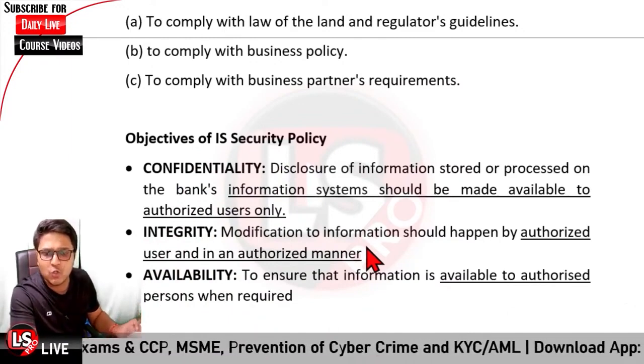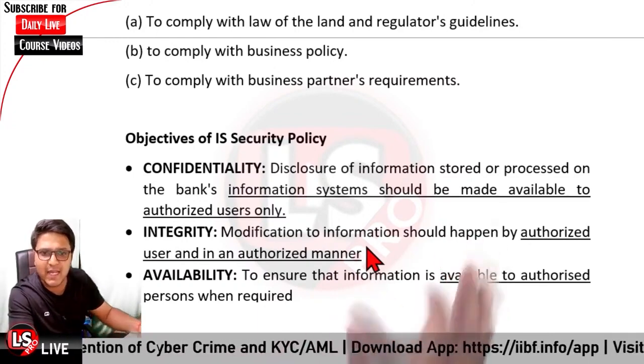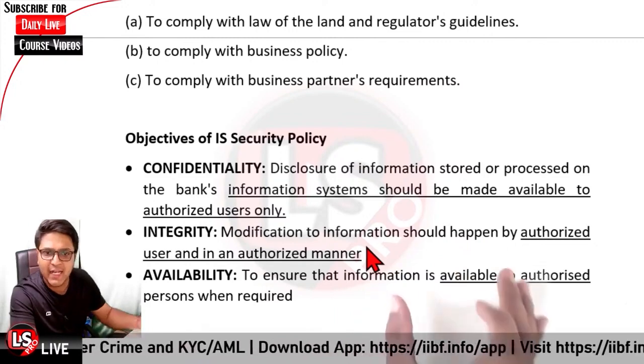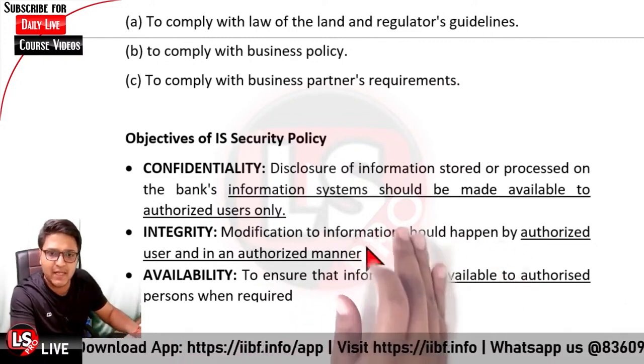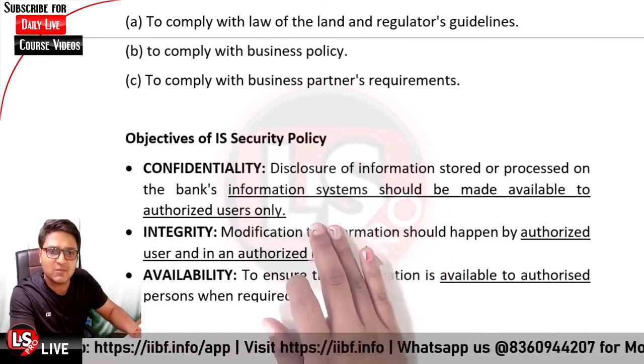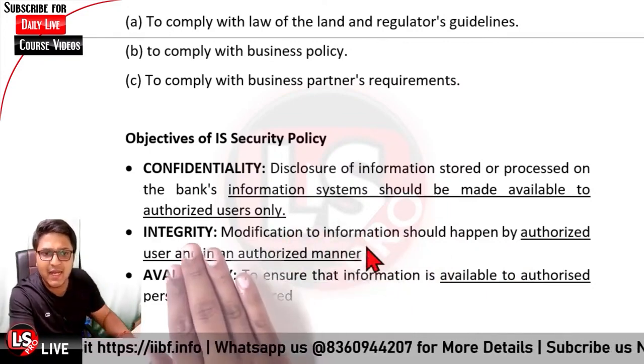Now the data is stored in electronic form, and electronic data can be accessed by anyone. But there must be some method so that this data can be accessed only by authorized users. Second, it is regarding integrity.